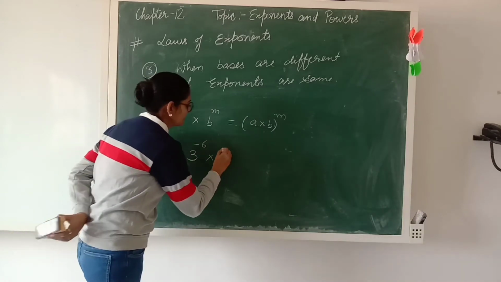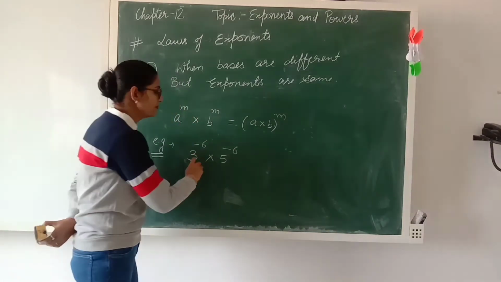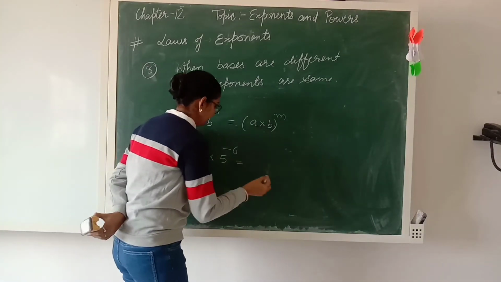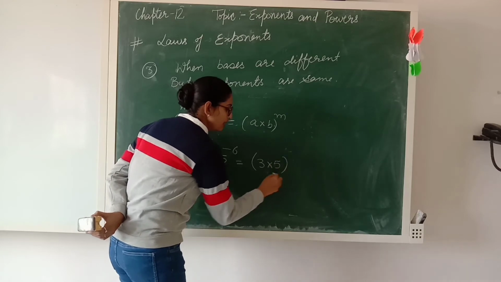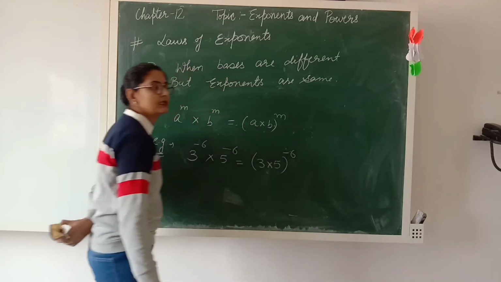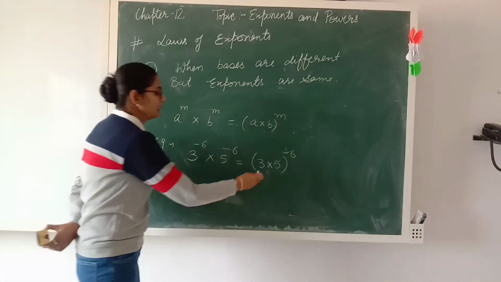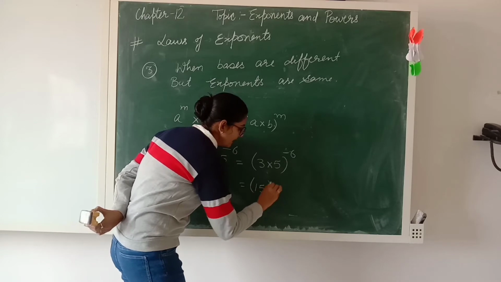So now exponents are same, but bases are different. So what do we have to do? We have to just write down the bases in multiplication and write down the exponent same as it is. Now multiply these two numbers, it becomes 15 raised to the power minus 6.